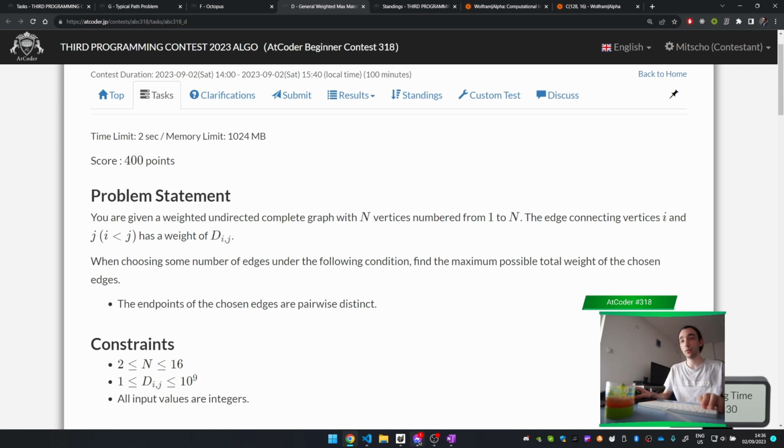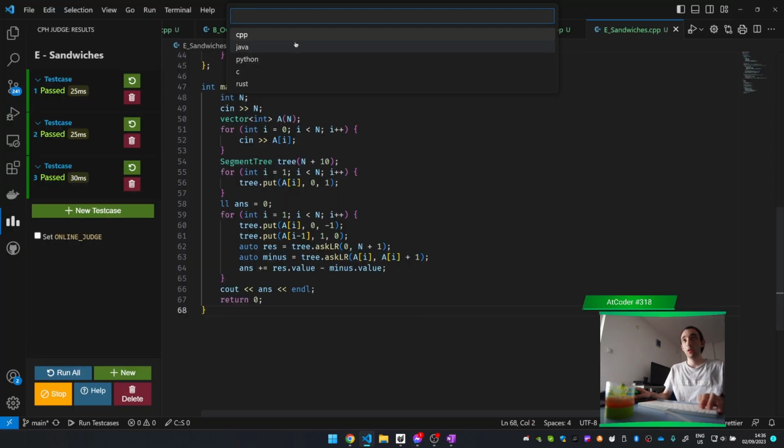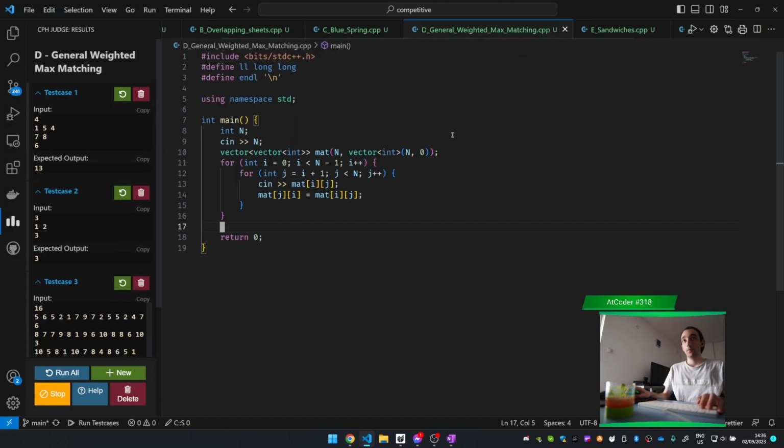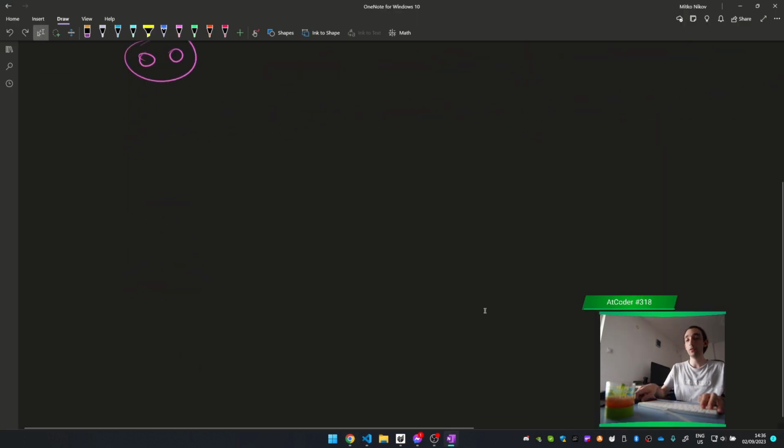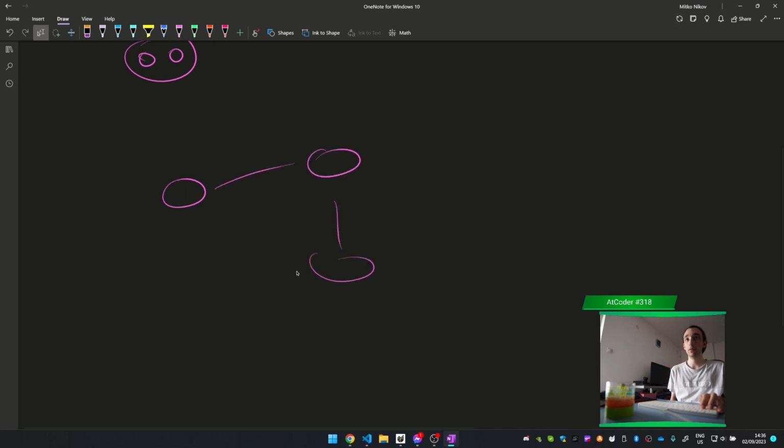So let's just focus on D first. Do we brute force or what? We are supposed to brute force something, but what are we supposed to brute force? Edge connecting vertices I and J. So there are these edges, so there's this full graph.